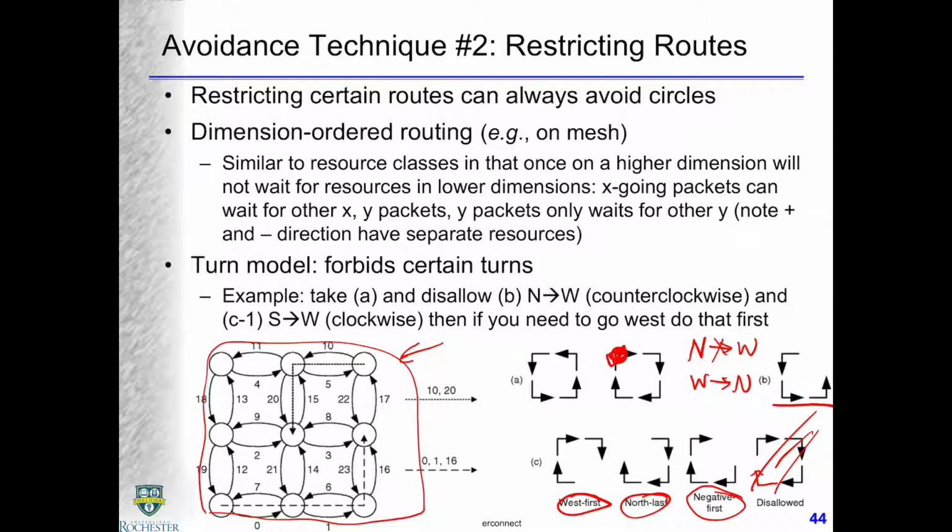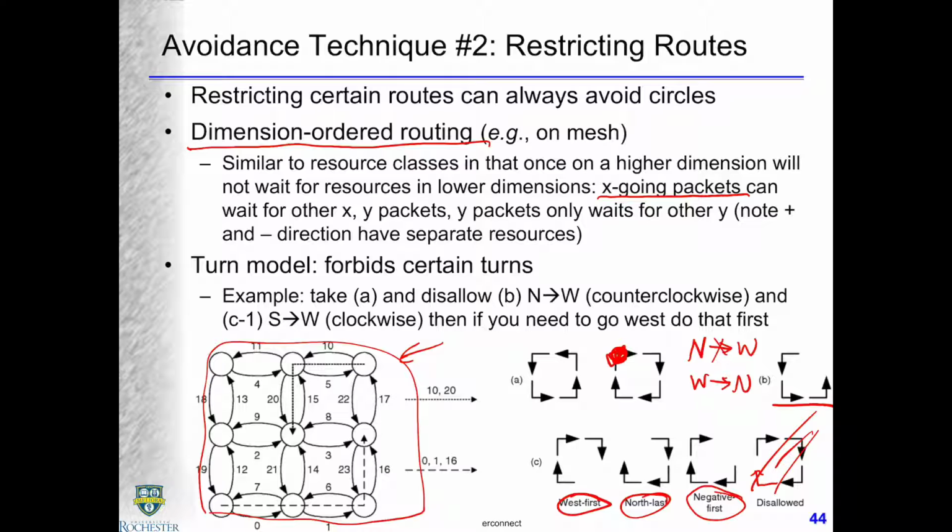Technique number two. By the way, a very common notion is dimension order routing, which is first go on the X dimension, then go on the Y dimension. That's proven to be deadlock free. Why is that? This is because you're doing dimension order. Your X dimension going packets can wait for any packet, okay?